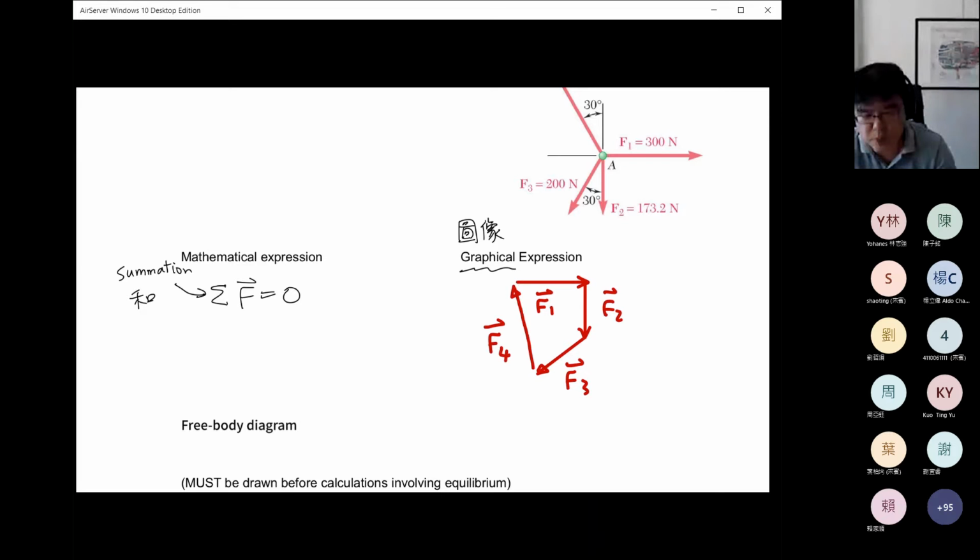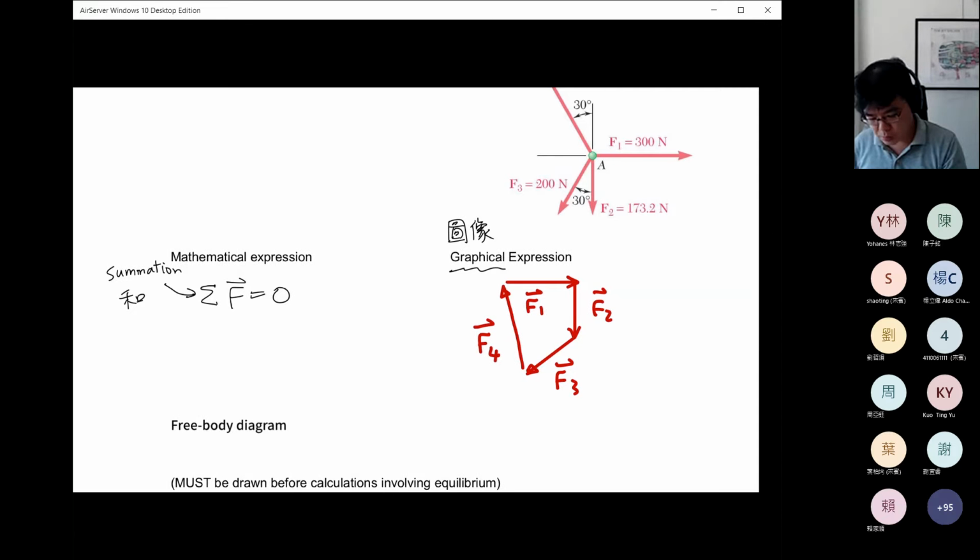Because we put one force after the other, if the sum of these 4 forces is equal to 0, it means it goes back to the point where F1 began its journey. It returns to the same point where F1 began. We call it a closed polygon.